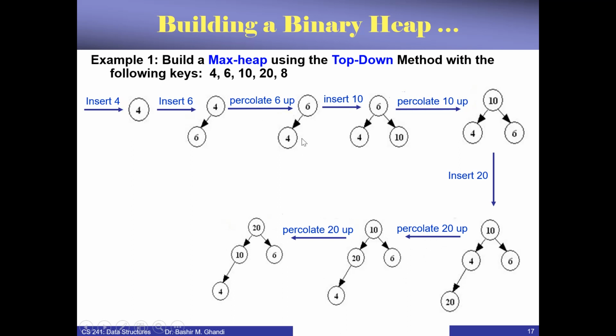Okay, finally we enqueue 8. 8 can only go to the right of 10. Okay, unlucky for us, this time 8 is in the right place because it is less than its parent 10. So there is no calculate up to do after inserting 8. So this is building a heap top-down. It's really nothing new. It's just repeated enqueue.